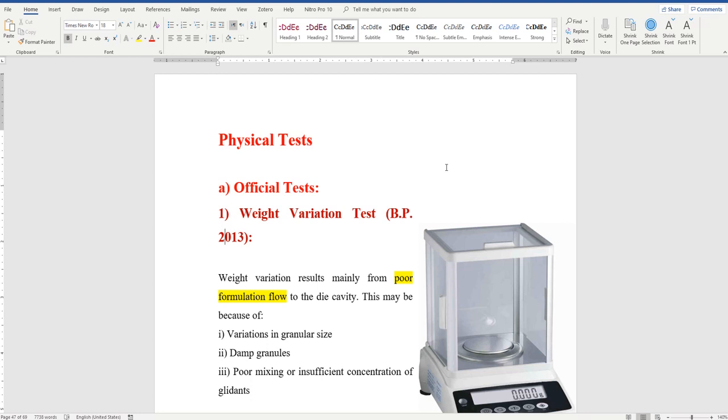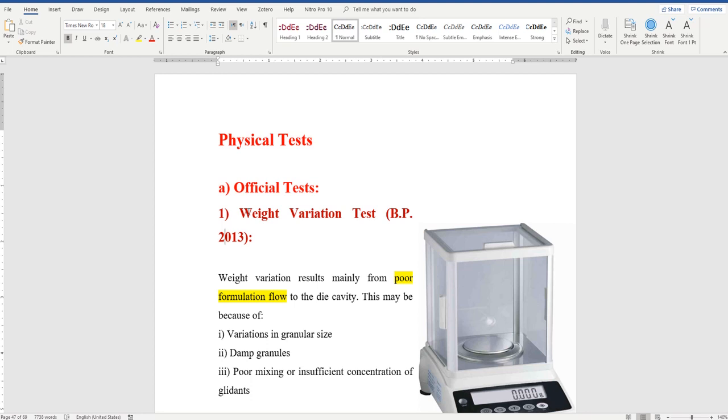I'm not talking about exactly the same weight, but very close weight to other tablets. So we want to see the variation in weights. Is this variation acceptable? Is it small enough to allow the batch to pass the test or not?